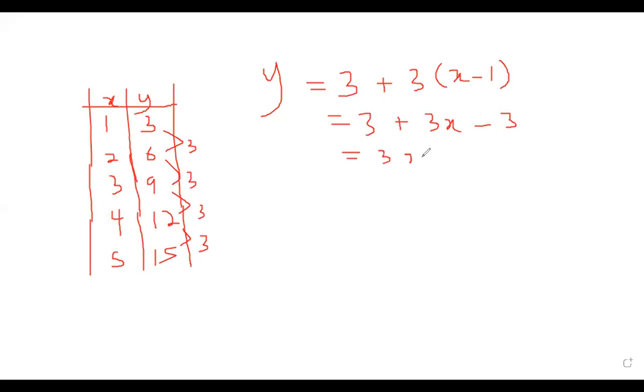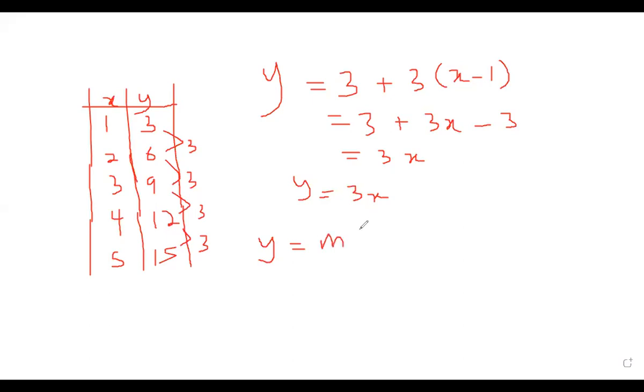So the rule here is y equals 3x. That is one way we can find the pattern. Another way is because this is an AP, which makes it a linear pattern.